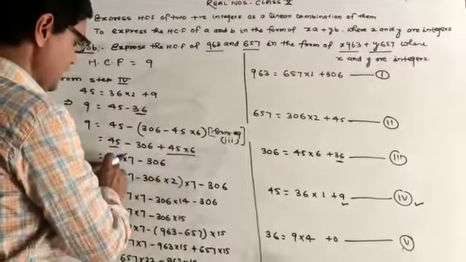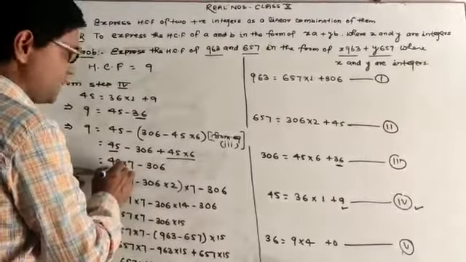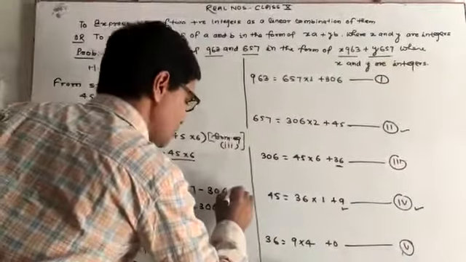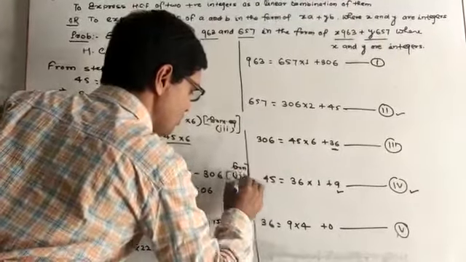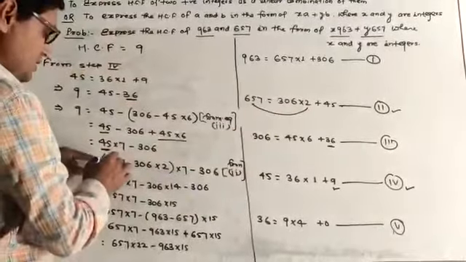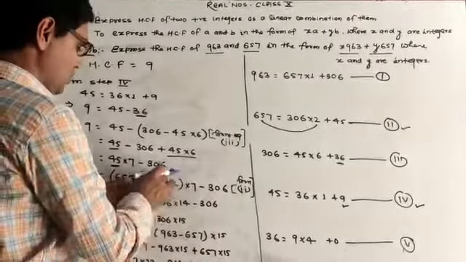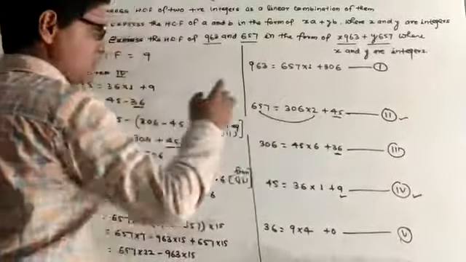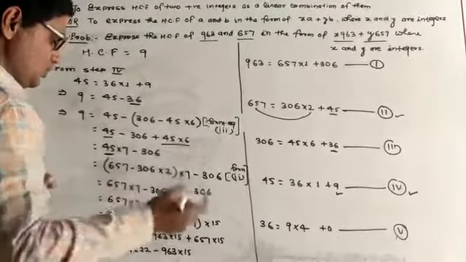Now you will replace this 45 from equation 2. From equation 2, you can write 45 is equal to 657 minus 306 into 2, and this is your 7. 45 can be replaced from equation 2 by 657 minus 306 into 2.